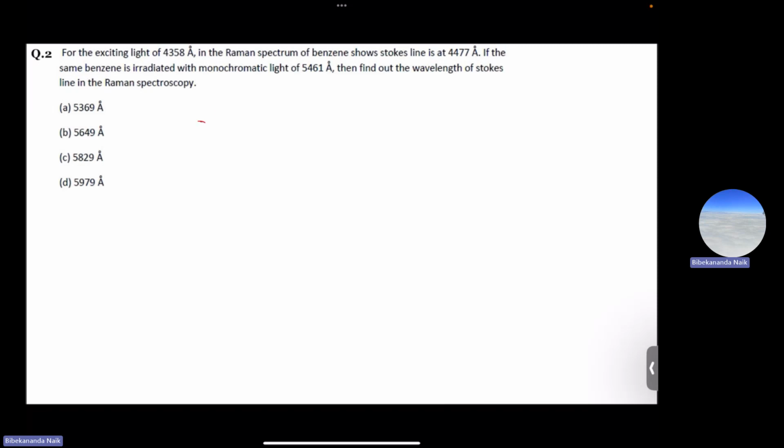The wave number corresponding to the incident line will be 1 by lambda I, which equals 10 to the power 8 divided by 4358, because angstrom means centimeter to the power minus 8. This is 22,946 centimeter inverse.